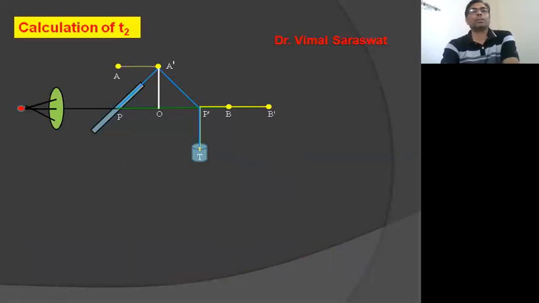Now calculation of T2. Time taken by the light beam in moving from P to B' and B' to P'. The relative velocity of light along PB' is equal to c − v, because instrument and light both are moving in the same direction.